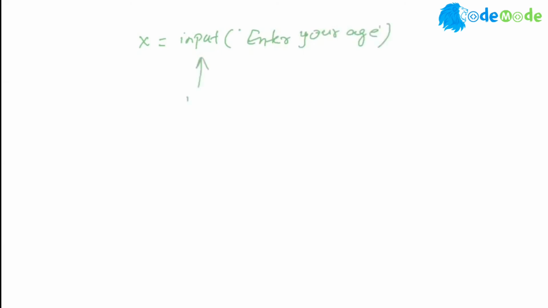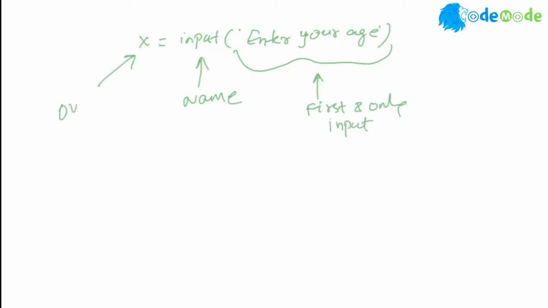This is the name of the function, and this is one string, because I'm not putting comma separated, and this is my first and only input, right? And this is my output. Python provides this function to us, saying this function will help you receive input from the user on the keyboard, and the name of the function itself is input, so don't get confused.